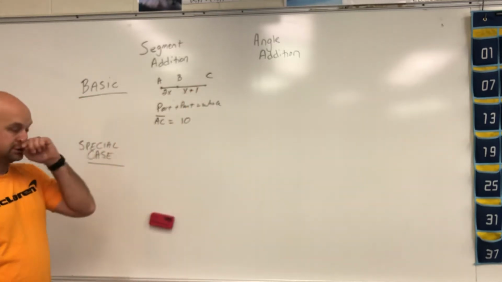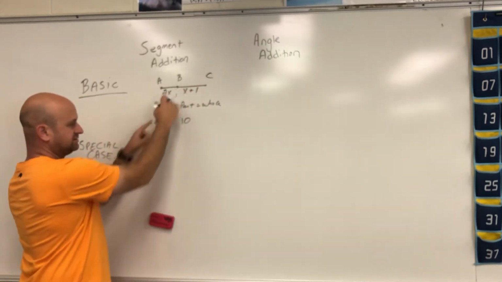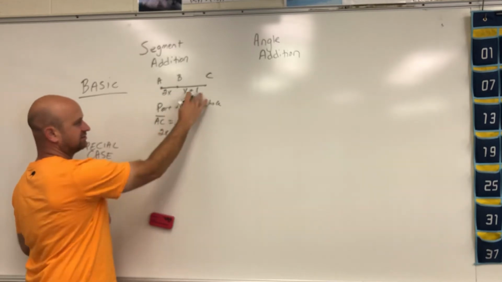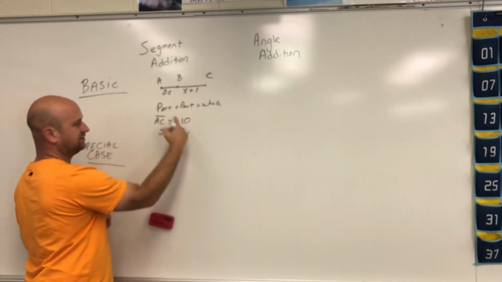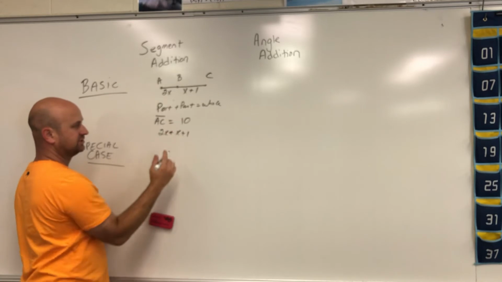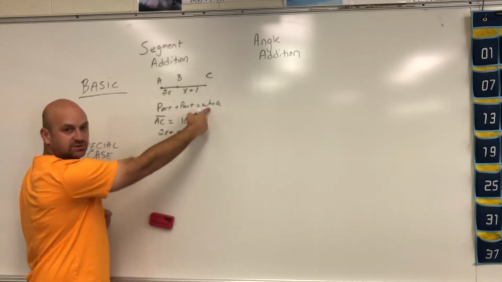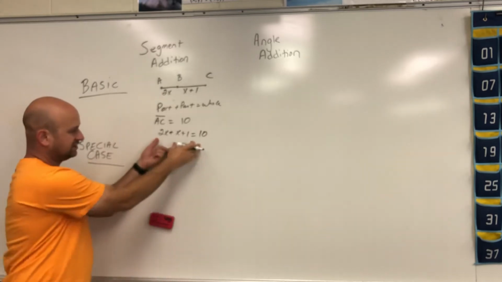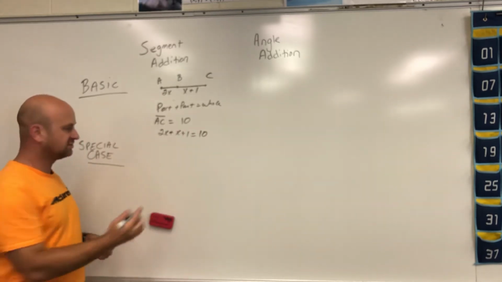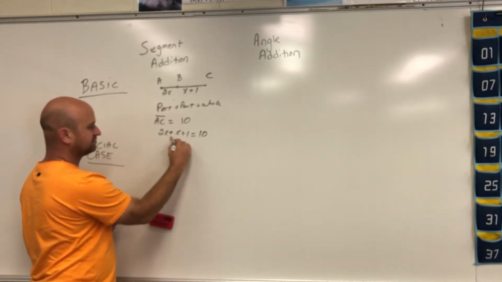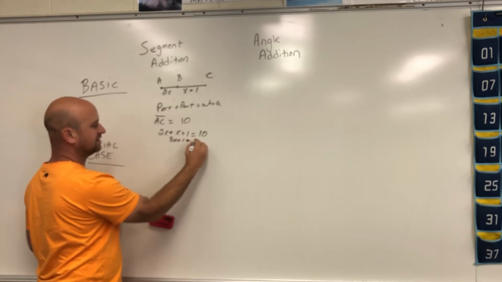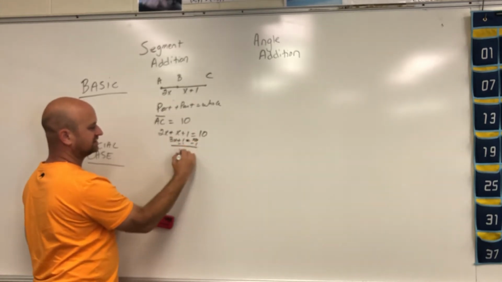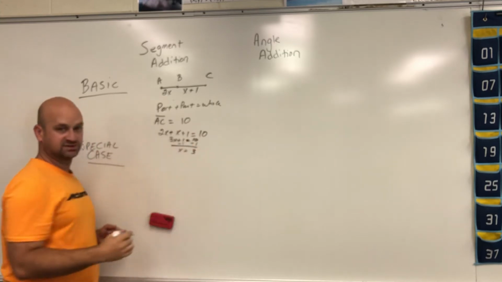So part is 2x, the other part is x plus 1, and we add those up, and they equal the whole thing, which is 10. From here, we use our equation solving skills: 3x plus 1 is equal to 10. Subtract 1, and x equals 3.